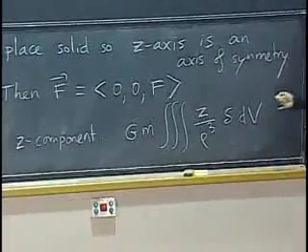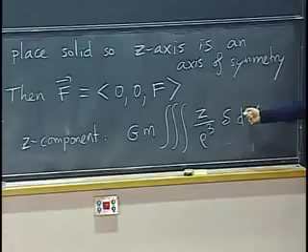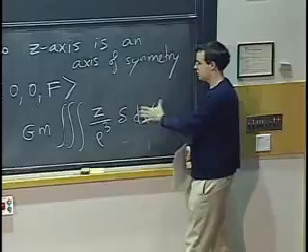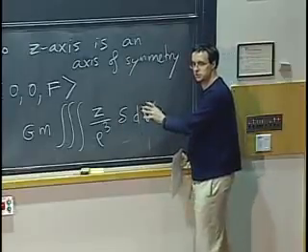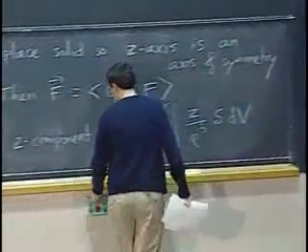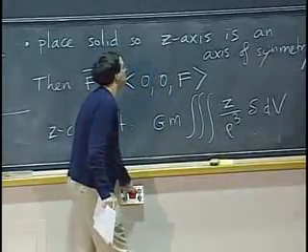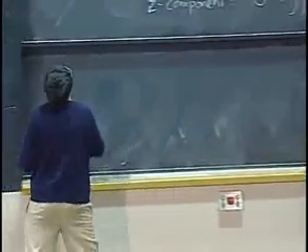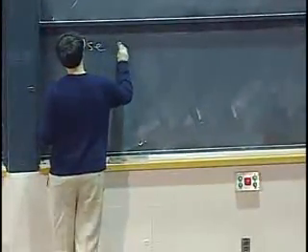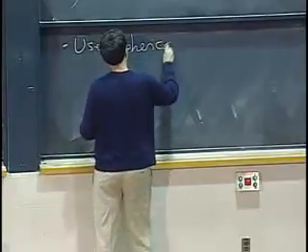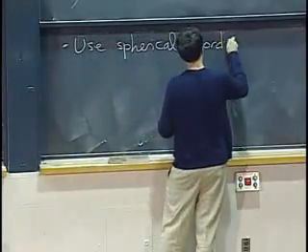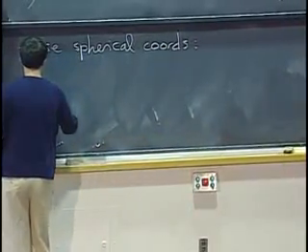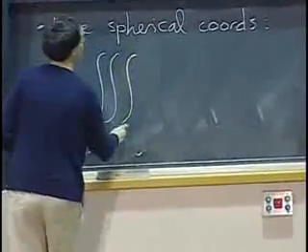Okay, so that's the first simplification we can try to do. The second thing is, we have to choose our favorite coordinate system to do this. But I claim that actually spherical coordinates are the best. Because let's see what happens. So G times mass times the triple integral.